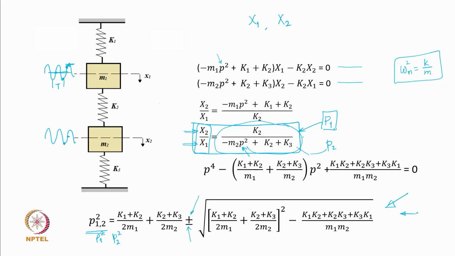So, having obtained the expressions for this amplitude ratio, we will take a small simplified example. This is more generic. We will take a simplified example which will further clarify what this motion is that we are talking about.